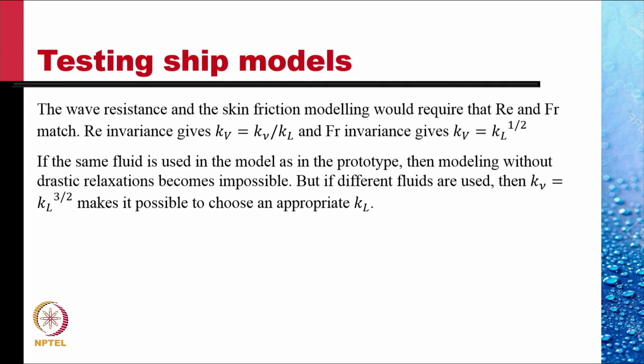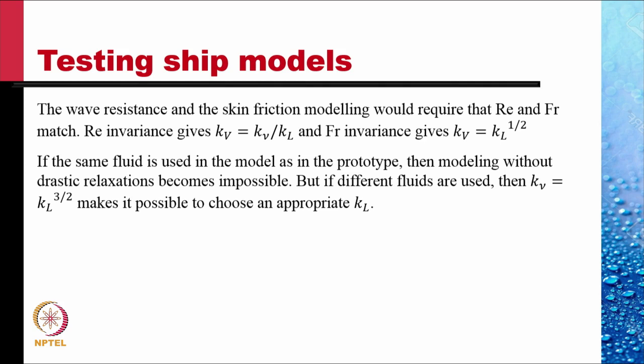Reynolds number invariance gives Kv equal to K nu divided by Kl, K nu for kinematic viscosity, and the Froude number invariance gives Kv as Kl raised to power 1/2.